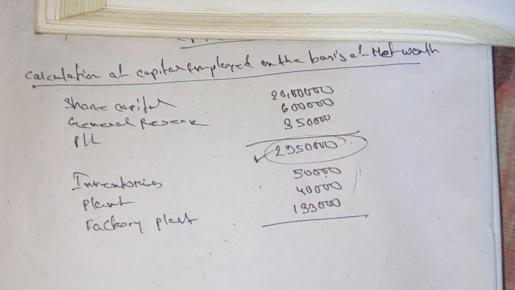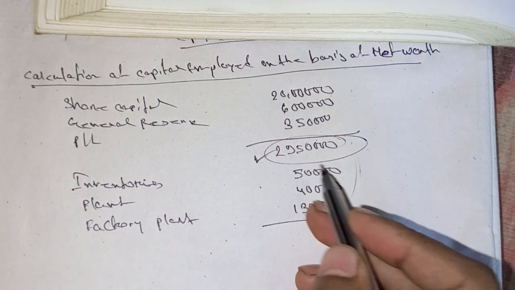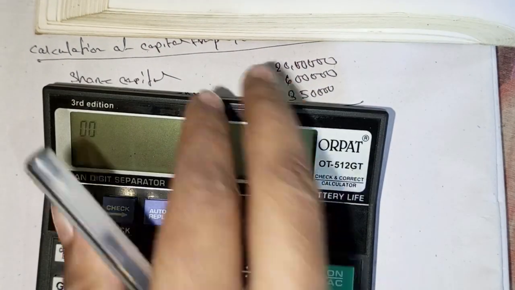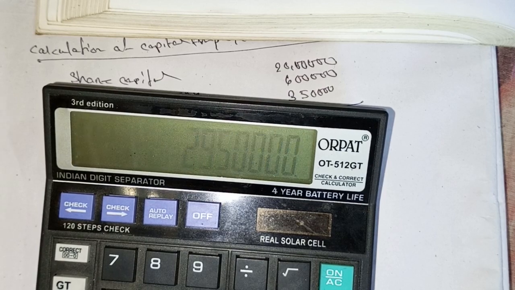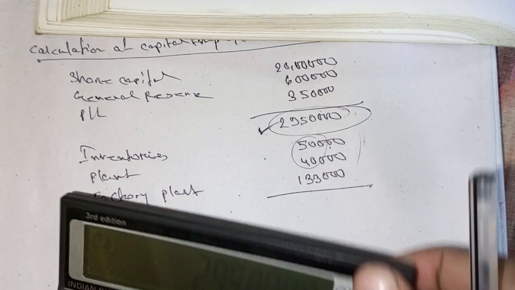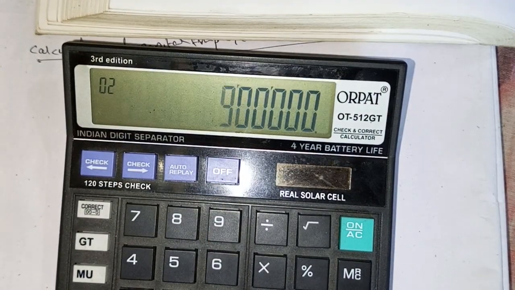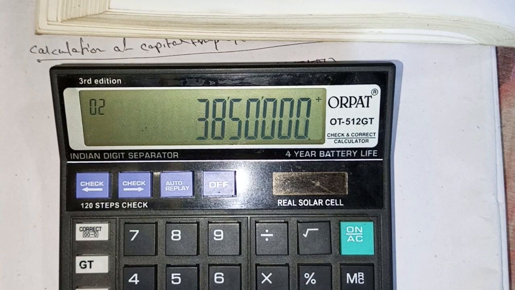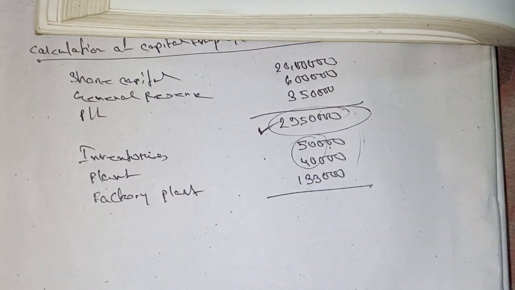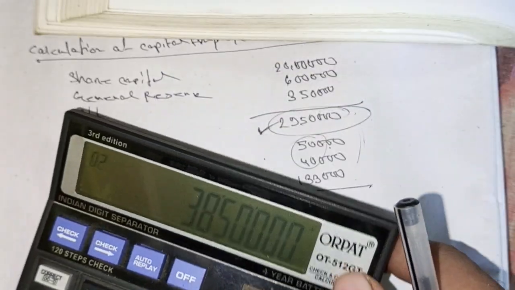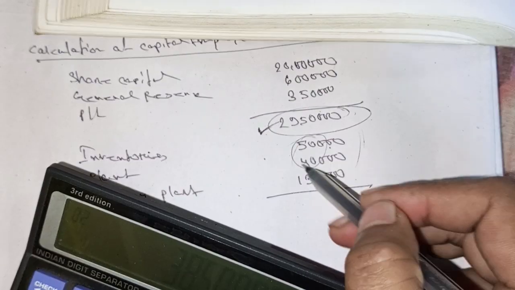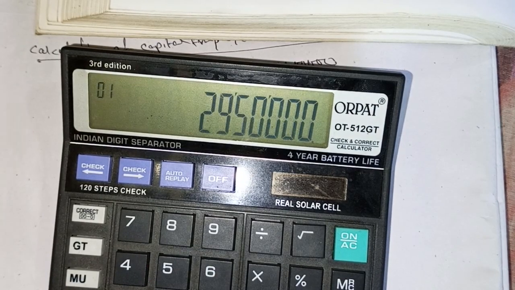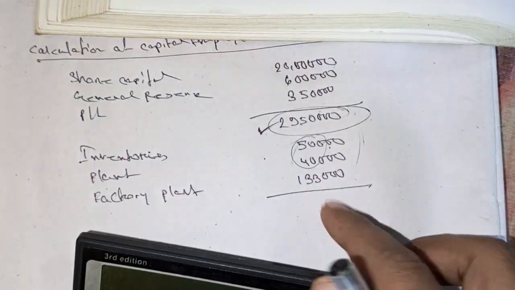Now add all of these items, because these items have increased, so I am going to add this much amount to this. 29 lakh 50,000 plus 90,000, plus 1 lakh 33,000.